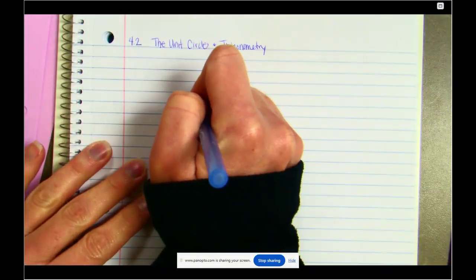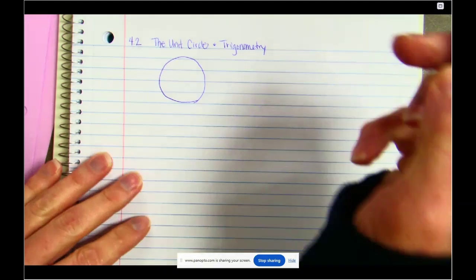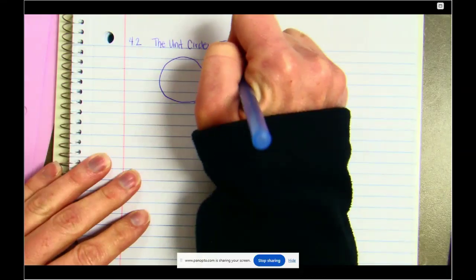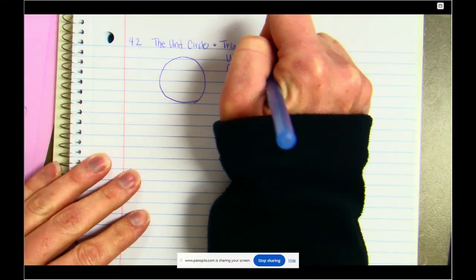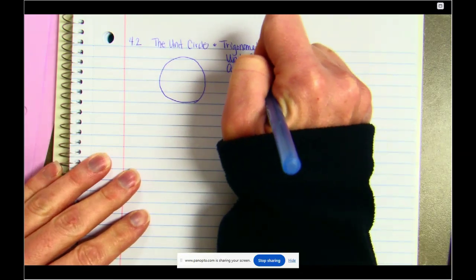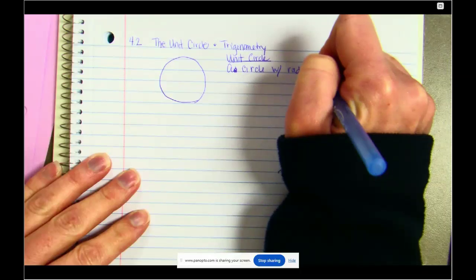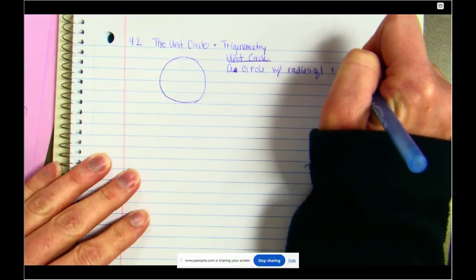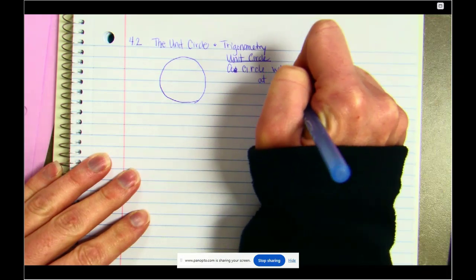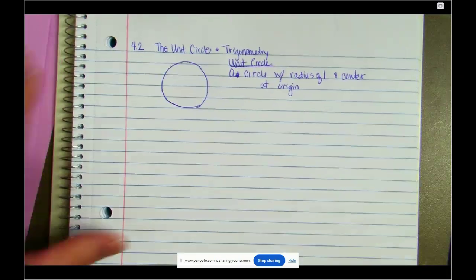So the definition of the unit circle is a circle with a radius of 1 and center at the origin.